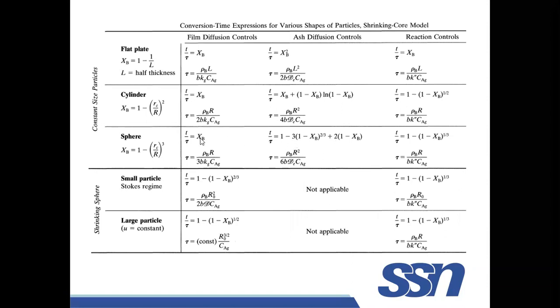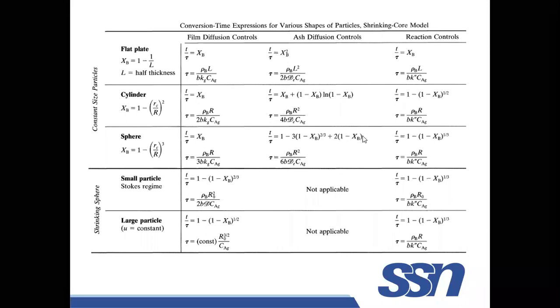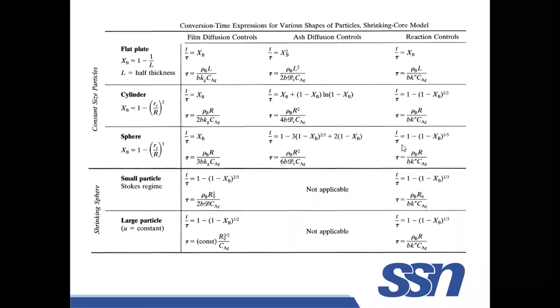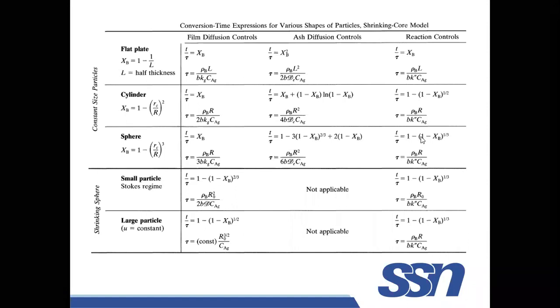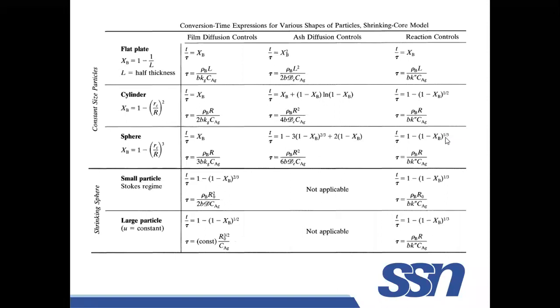In all the expressions, it comes as 1 minus XB: 1 minus XB whole power 1, 1 minus XB whole power 2 by 3, right? That's how you try to remember it. This is 2 and this is 3, that's why 2 by 3. And for reaction control, t by tau is 1 minus (1 minus XB) whole power 1 by 3, right? So these three you have to remember somehow.